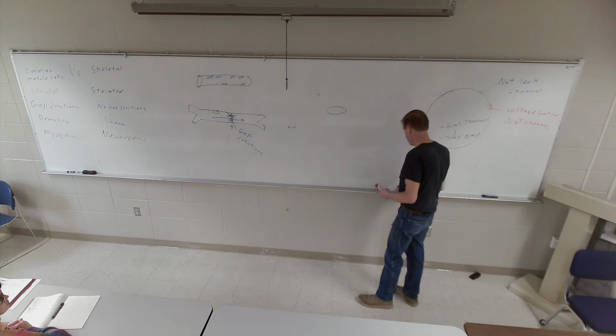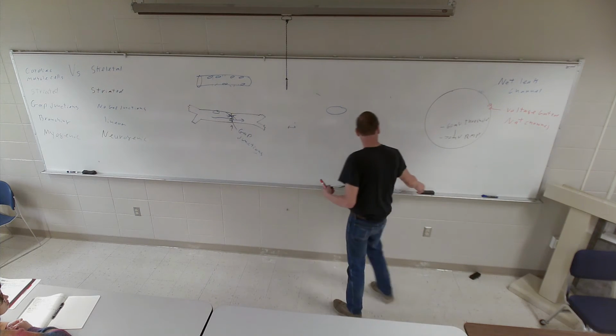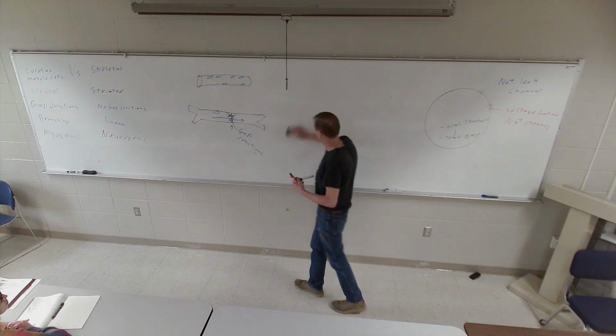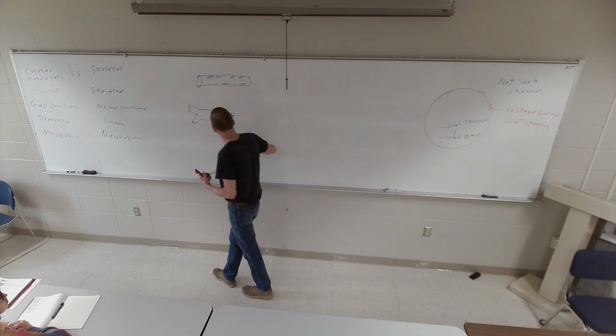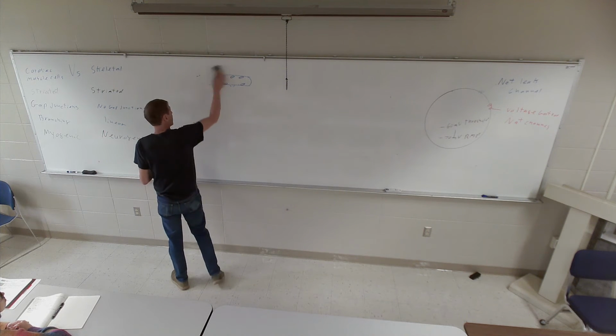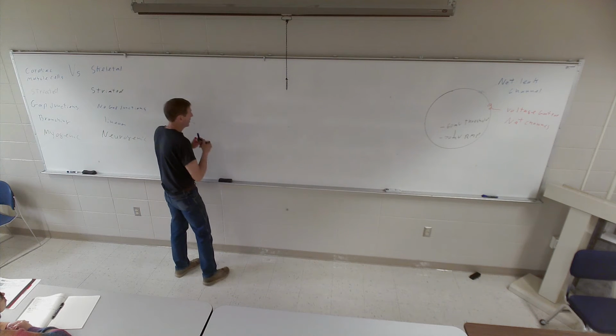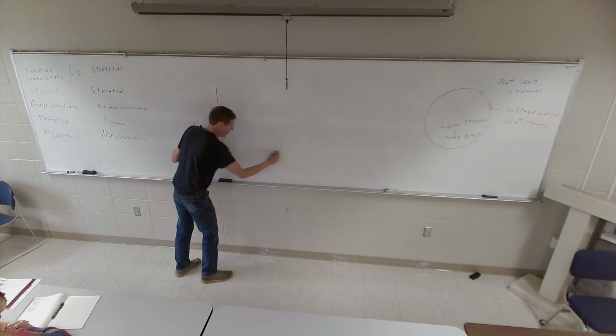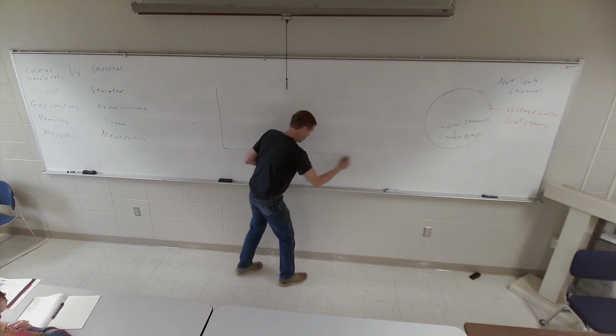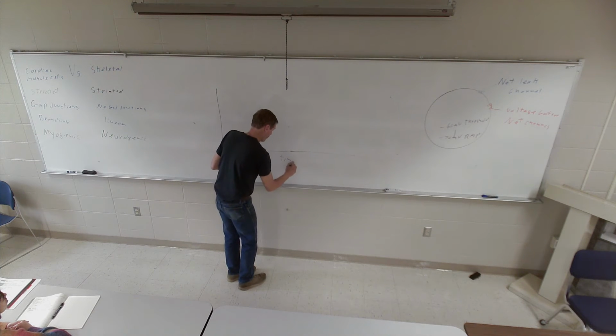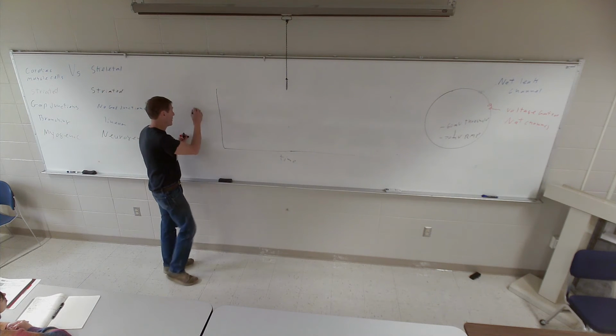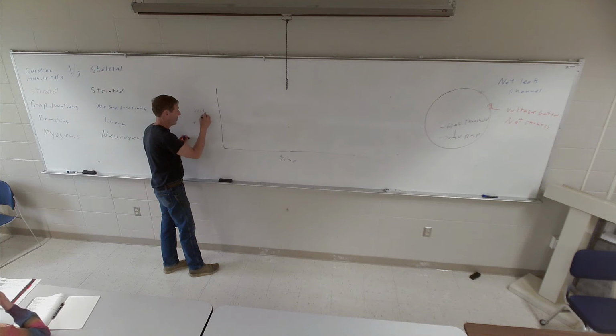So let's say we kind of plot this. We'll just put time on the x-axis, and this is voltage or membrane potential.